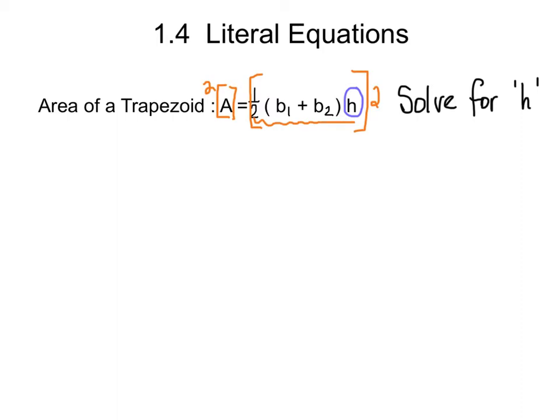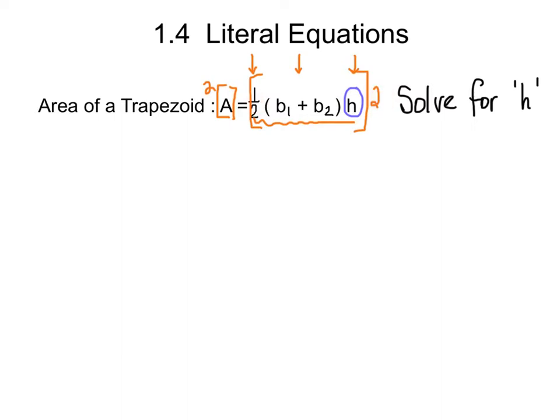I have one term that is 3 factors. I have a factor of 1/2 times a factor of B1 plus B2 times a factor of H. That is one term. If I multiply this whole term by 2, the 2 and the 1/2 are actually going to cancel to 1.